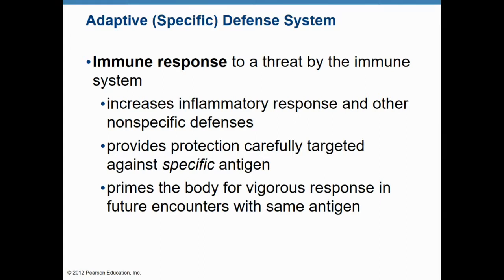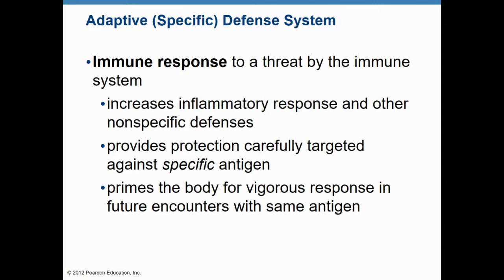It enhances inflammation. It enhances fever. It is going to make sure that complement proteins and interferon proteins are produced at a life-sustaining rate. Another thing that the immune response does is it provides protection very carefully targeted against a specific antigen.